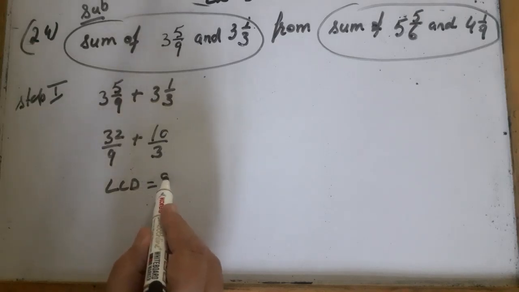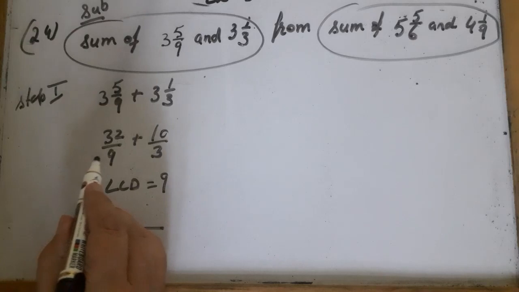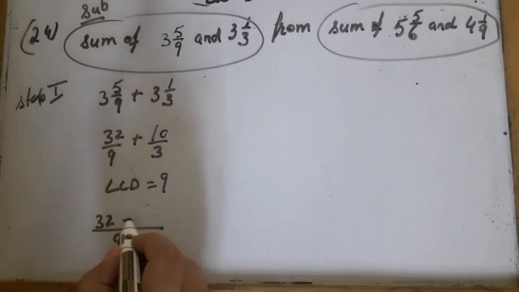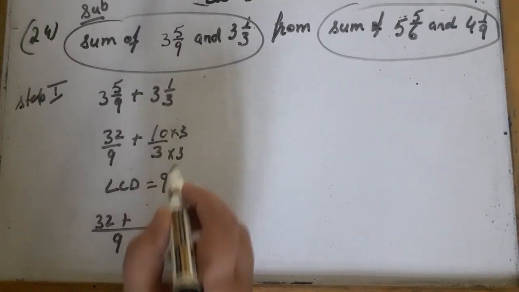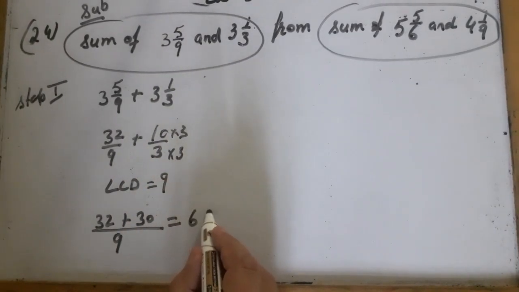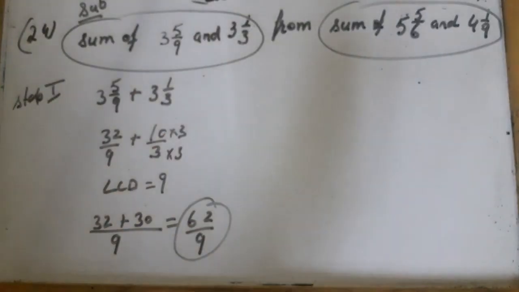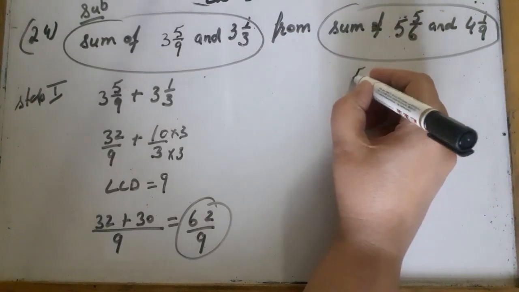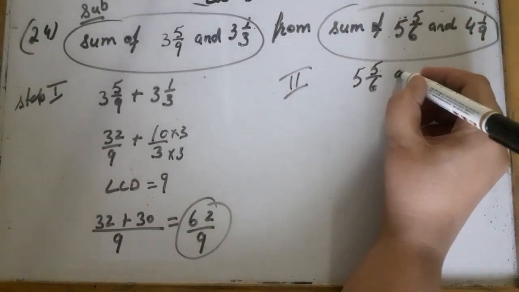My LCD will be 9. So 9 ones are 9, so 32 ones are 32. Now here 3 3s are 9, so 10 3s will be 30, and you will get 62 upon 9 as the sum of this.